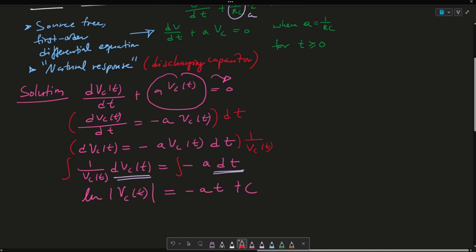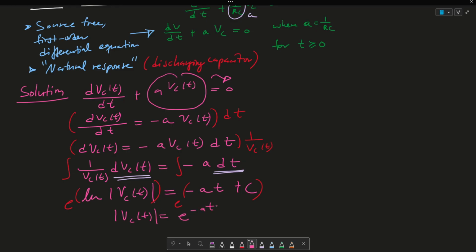Then I'm going to take e on both sides, and the ln cancels out. This is VC(t) equals e to the minus At times e to the C. But if you notice, this is simply a constant.